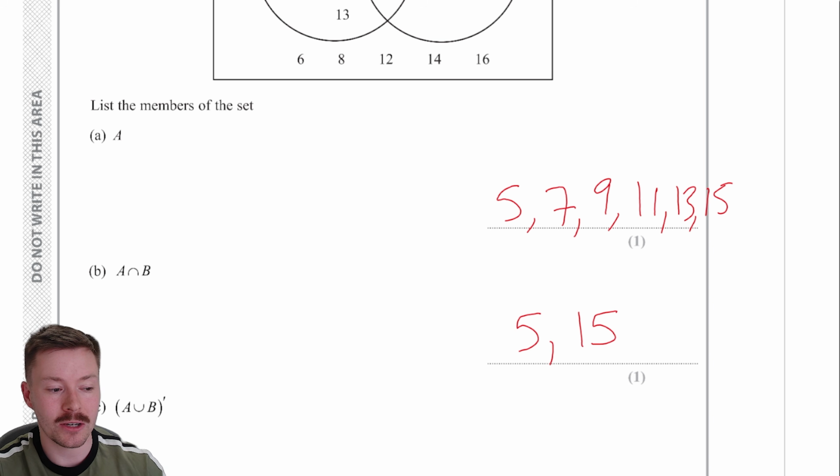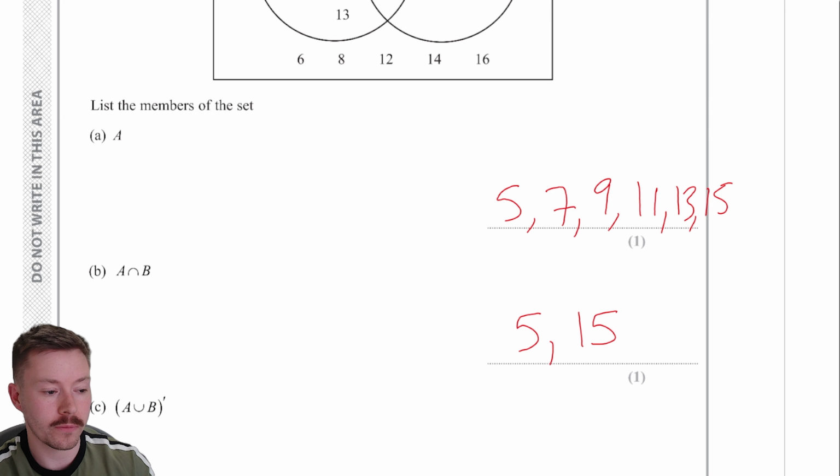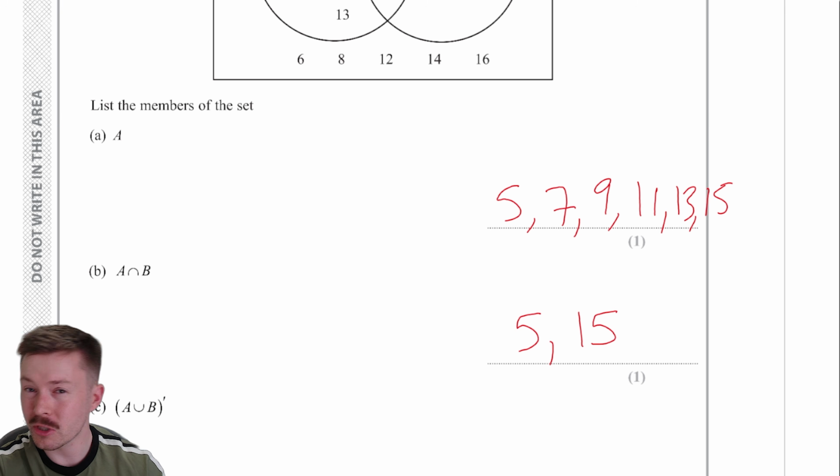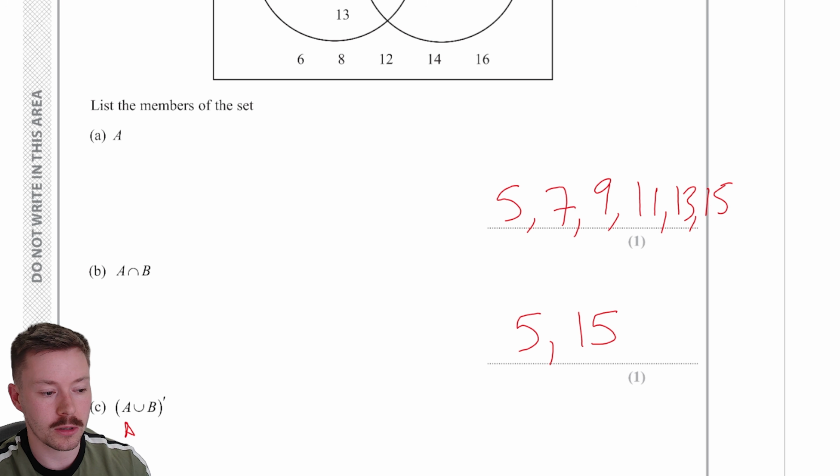Now this is not, and that's what this apostrophe symbol means, not A or B. Now the U symbol looks like a U, it actually stands for union. That means or, okay? So what this means is we've got A or B in the brackets, and then this apostrophe means not.